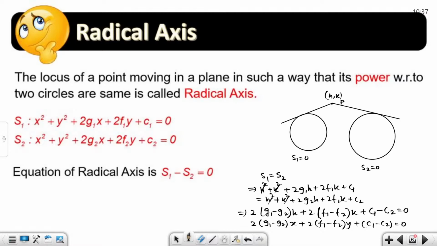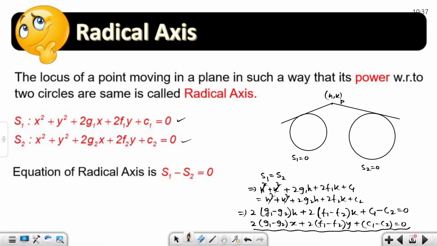Am I correct? Now, if you observe this equation, we are getting it simply by subtracting one equation from the other.